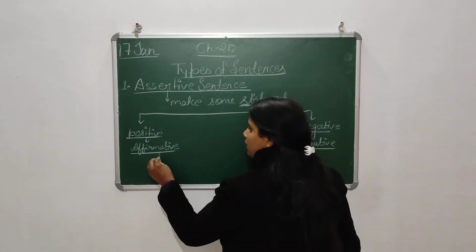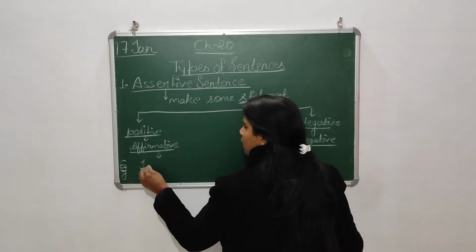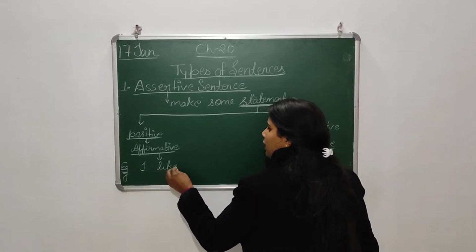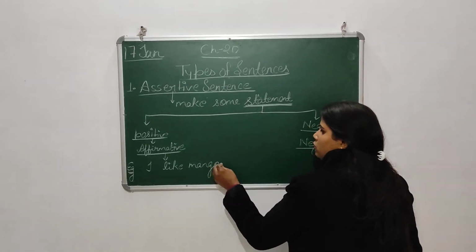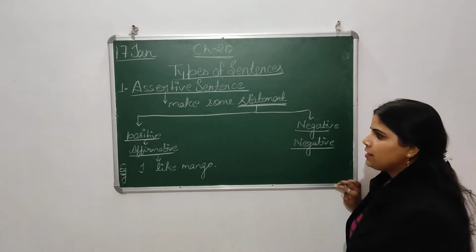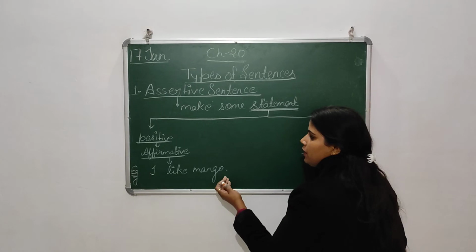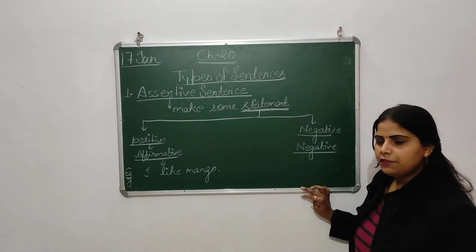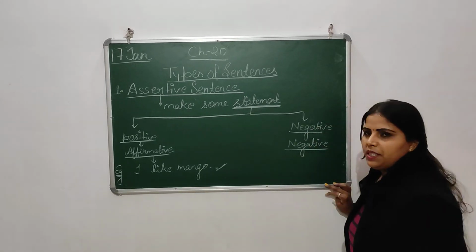Here is an example of affirmative, like I like mango. In this statement there is nothing in negative form. It declares something in a positive sense. So this kind of statement is known as affirmative.